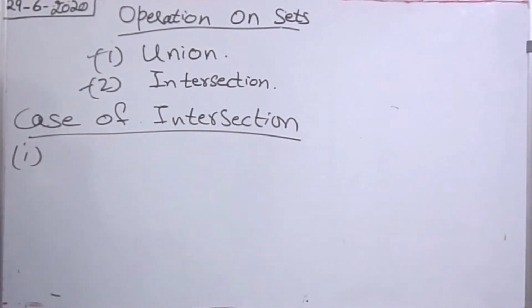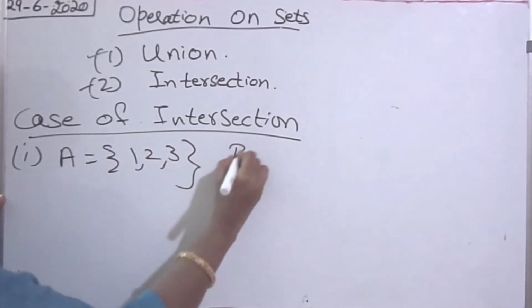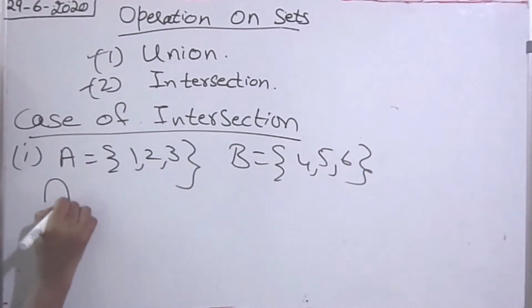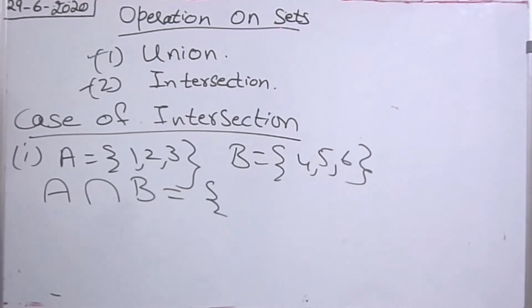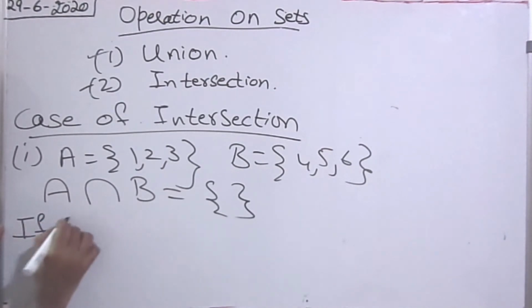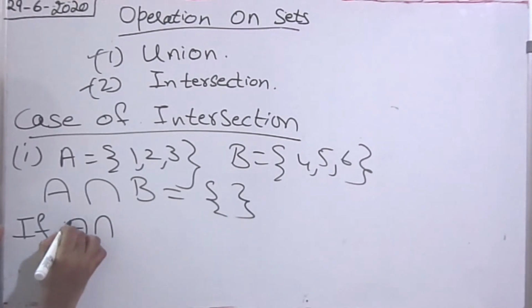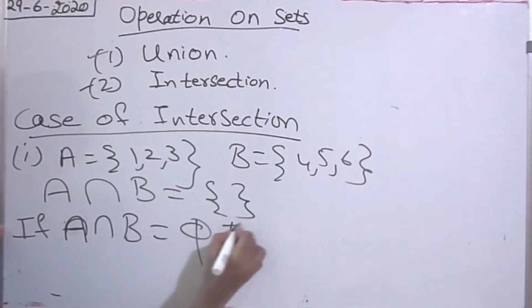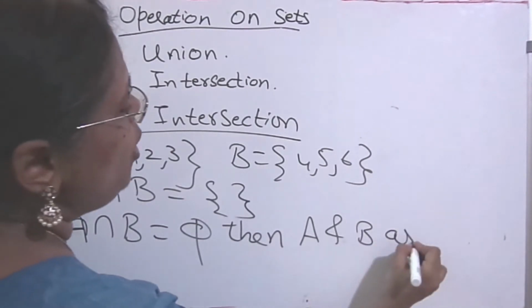First case, A is equal to {1, 2, 3}. B is equal to {4, 5, 6}. Now you tell me, what is A intersection B? What is common in A and B? Is there anything common? There are no common elements. It's empty. So if the intersection of two sets, A intersection B, is empty, then A and B are called disjoint sets.